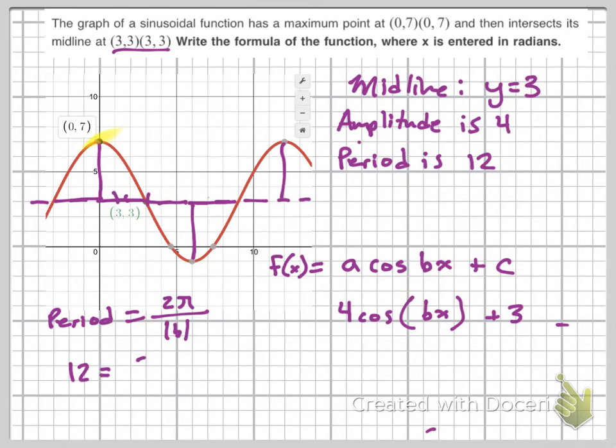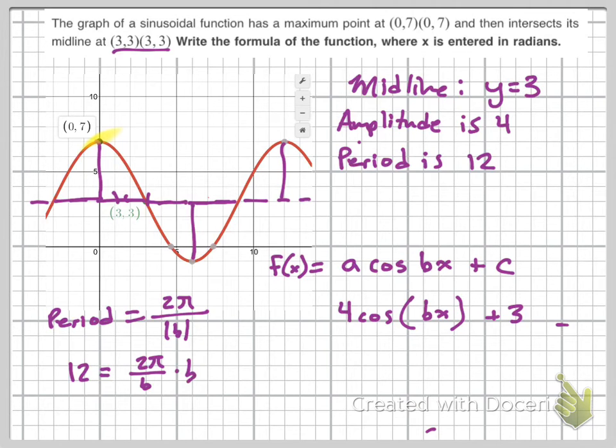So if we want to solve for b here, we'll just solve for positive b, because in the positive or negative, it's actually a horizontal reflection of itself, so it doesn't really matter. But what I'm going to do here is solve for b.